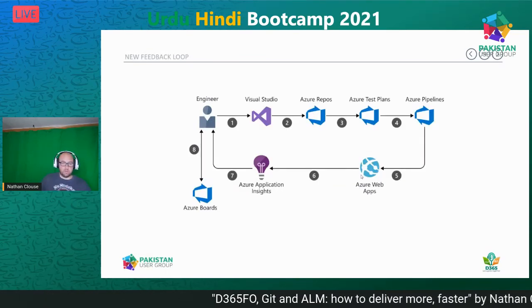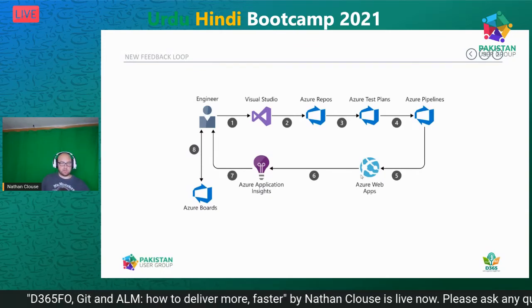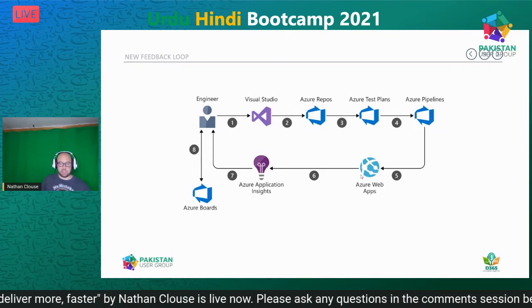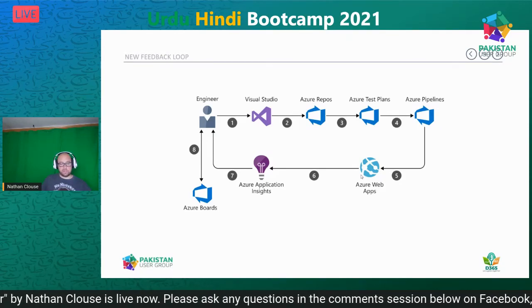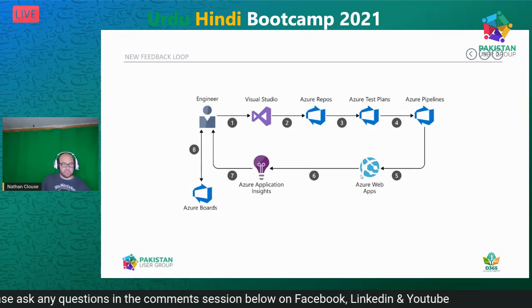So now when we take a look at all of that stuff that I've just talked about, I call this the new feedback loop. This is, again, a slide from Microsoft. This is more C# centric, but it can apply to us in a lot of areas as well.